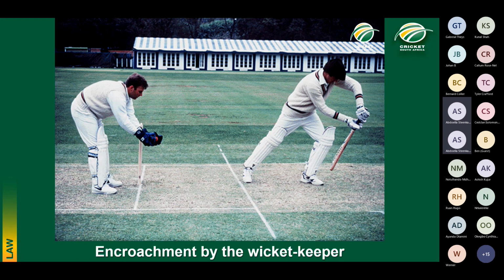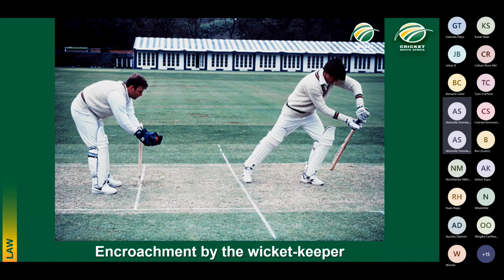Let me show you an example. The keeper needs to wait until the ball has passed the stumps before the keeper can take the ball. In this instance, as you can see, let's assume the ball did not touch the bat or any part of the person of the striker.